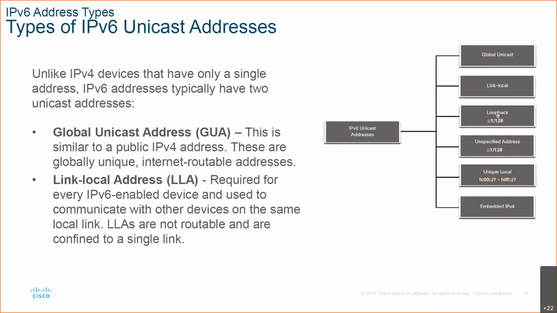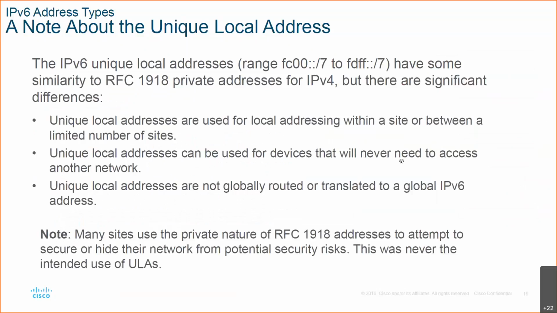So remember, we have 2 kinds of IPv6 address: a public global unicast address and a link local address. Besides that, we also have a unique local address. Let's go through it. A unique local address is like IPv4 private addresses.